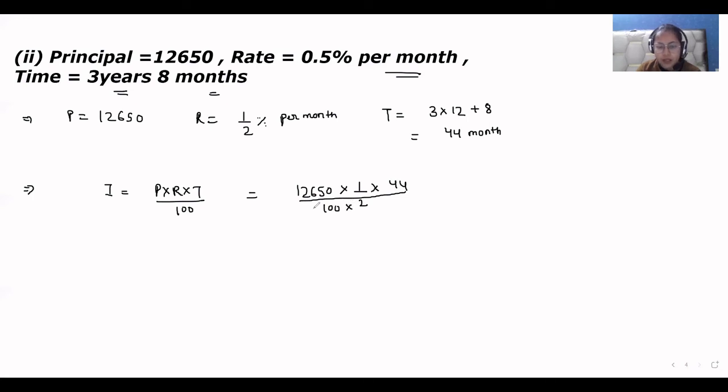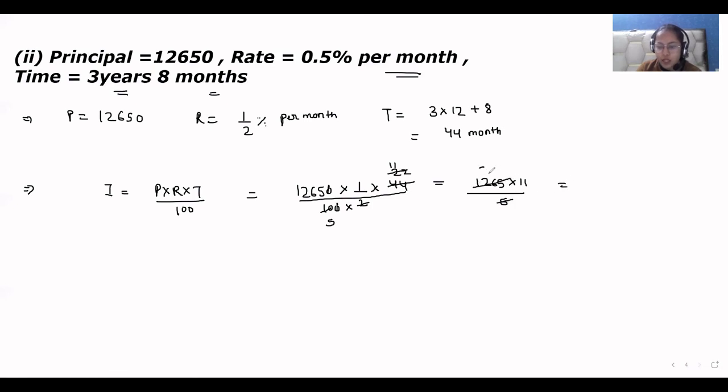So if we eliminate, we get this, and we eliminate this by 22, and this by, in the table of 2, it comes to 5 and it comes to 11. So what is left? 1,265 multiply 11/5.